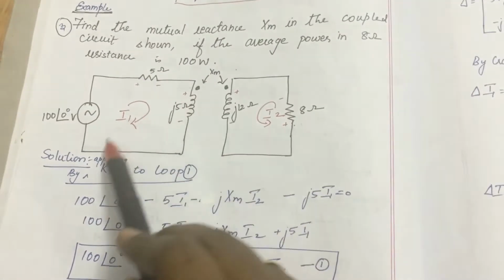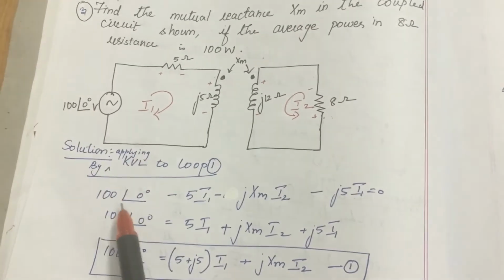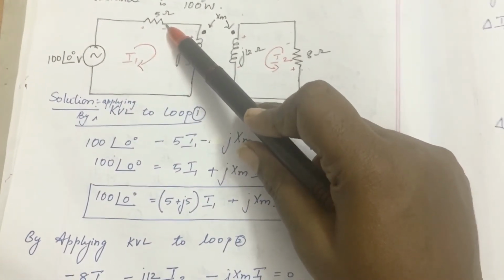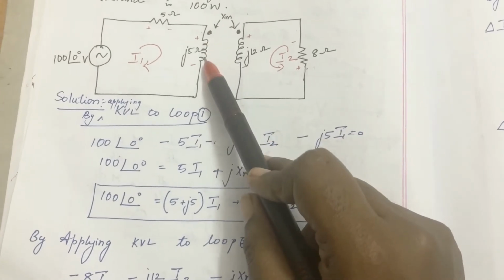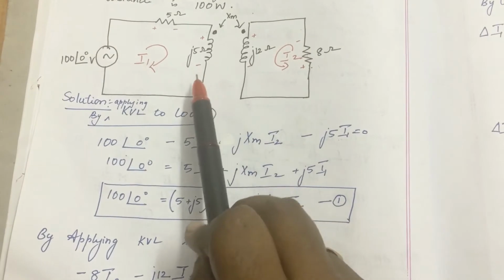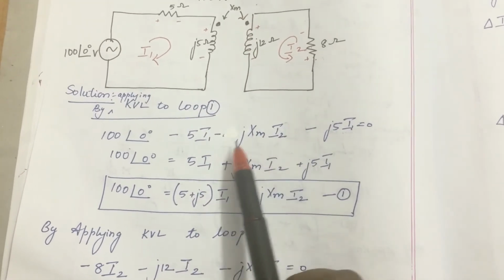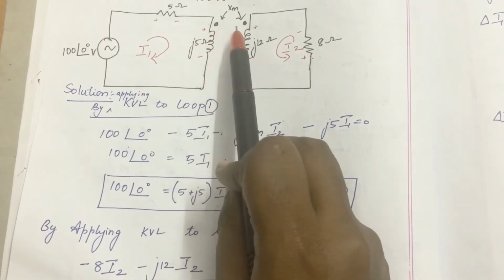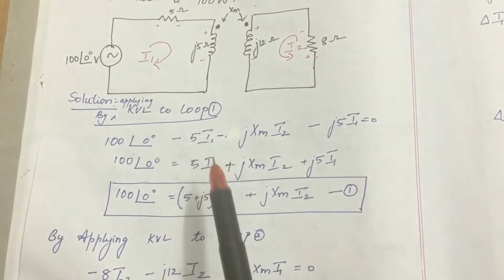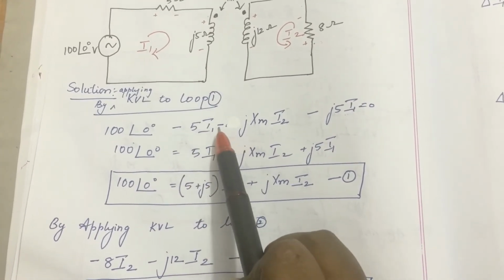By applying KVL to the first loop, the voltage is 100 angle 0 minus 5I1 minus j5I1 minus jXM I2. Since both the dots are current entry, L and M follow the same sign, so L sign will be M sign, so minus.